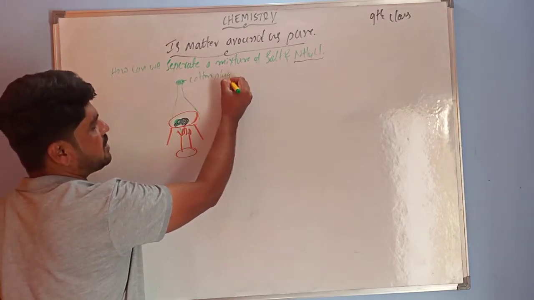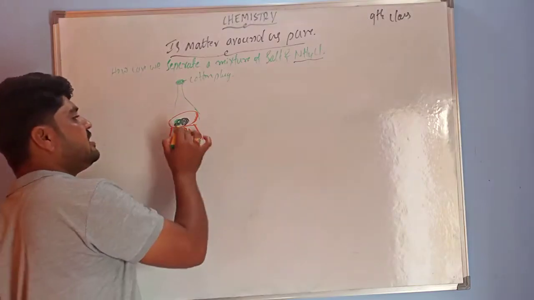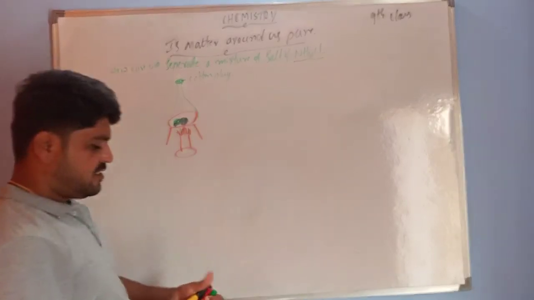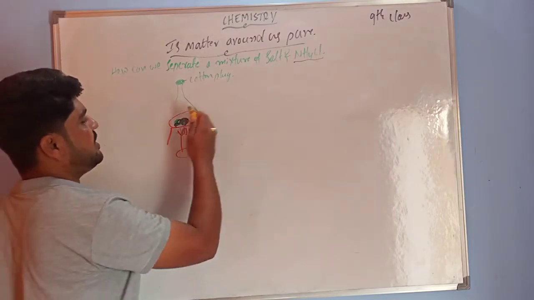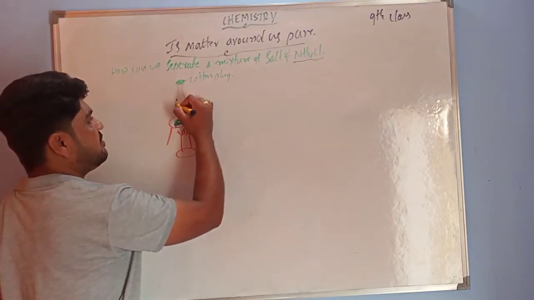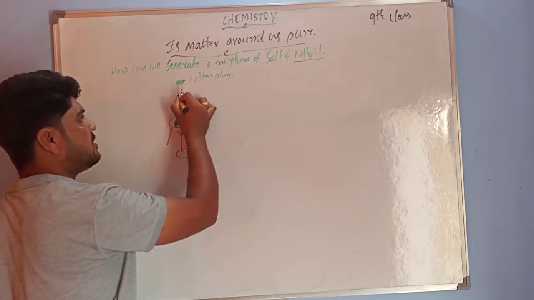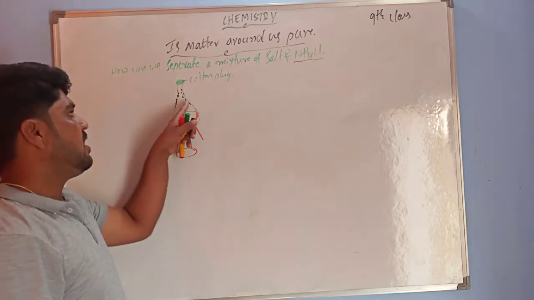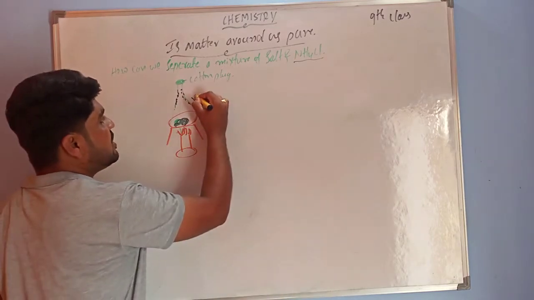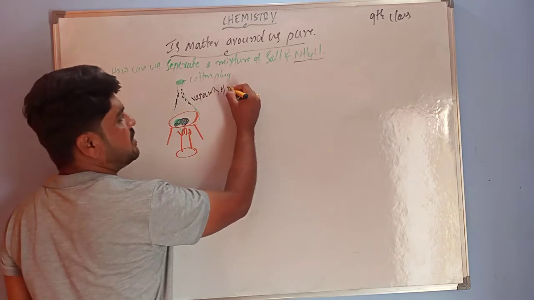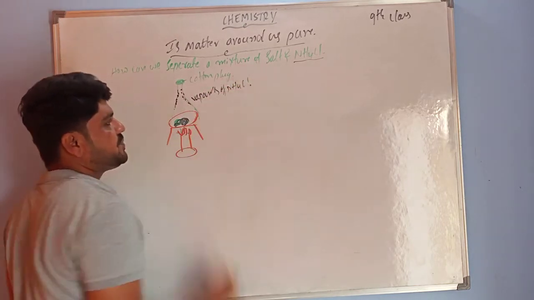When you increase the temperature, the solid ammonium chloride will evaporate and be present at the corners of the funnel. These dots we call vapors of NH4Cl.